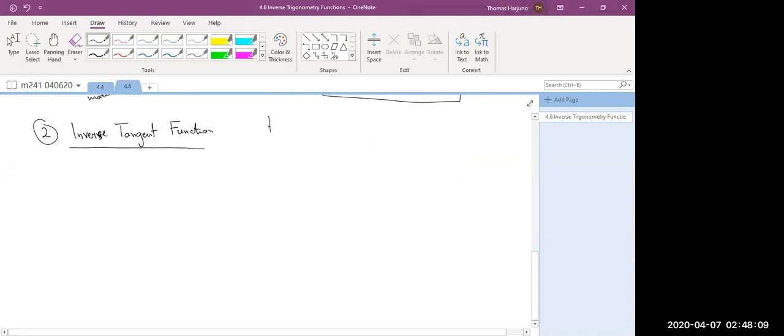You will see tangent inverse of x can also be written as arc tan of x, just for the purpose of notation. Now the graph of tangent x.